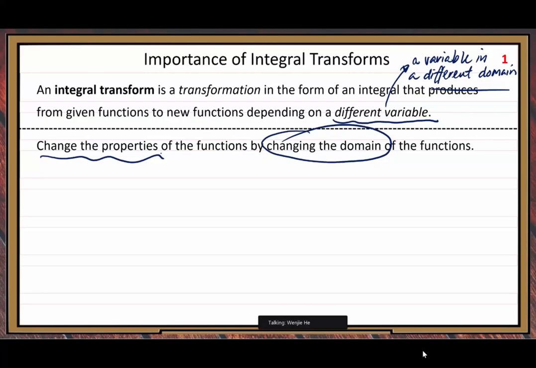Those properties are hidden so deep that ordinary people cannot see them. Nobody can discover them easily. So now we want a new method, a new way, to reveal those hidden properties.